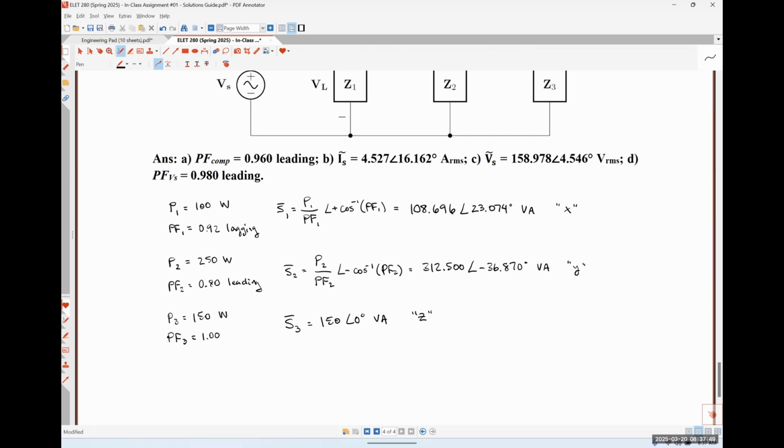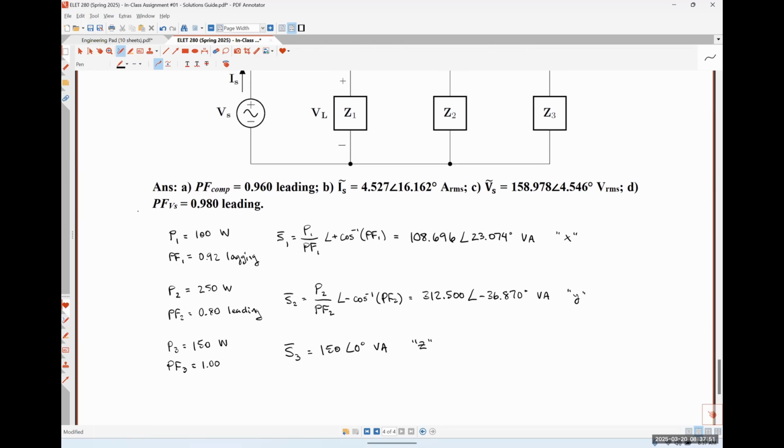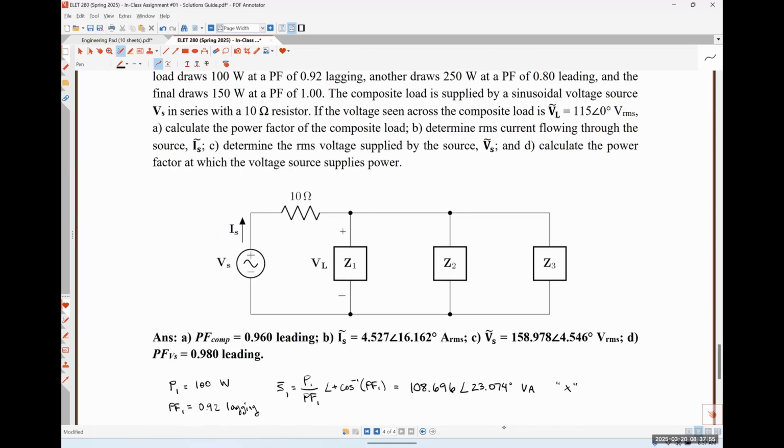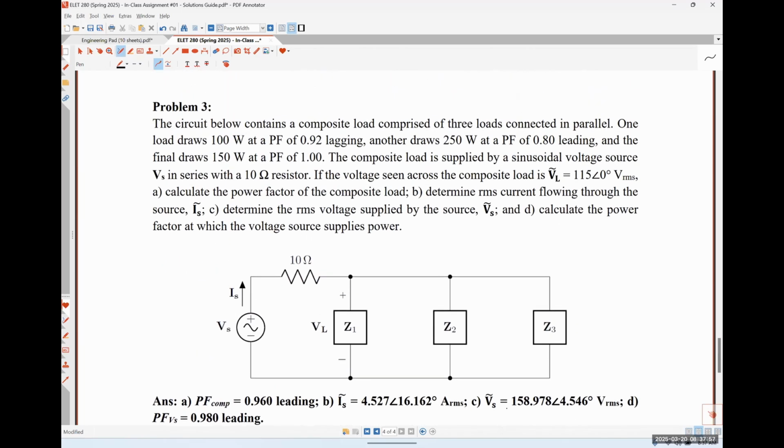Okay. So we've got some of our groundwork taken care of. Let's take a look at what we're asked to do here. In part A, we are asked to determine the power factor of the composite load. So the composite load simply means what happens if I lump all three of those loads together, okay?